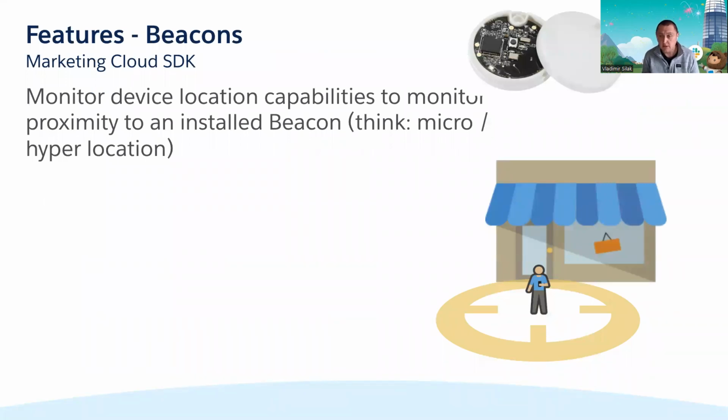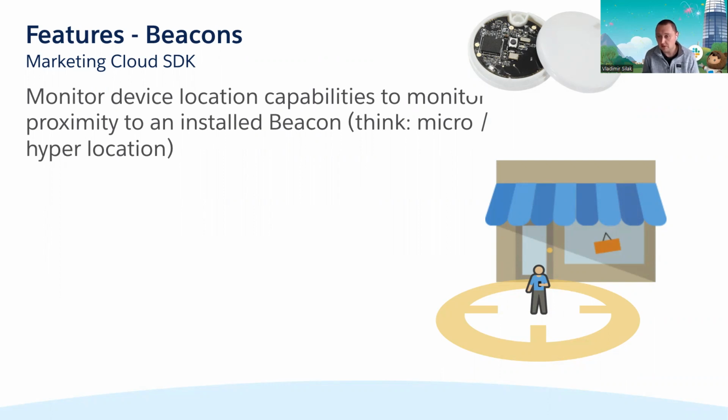Beacons are similar in a sense to geofence, but they provide the ability to connect to devices, so as soon as a mobile phone interacts with that particular device, it says, hey, I'm right next to you. They have proximity sensors and can trigger communication based off that. They're like geofences, but you're not defining a specific area.